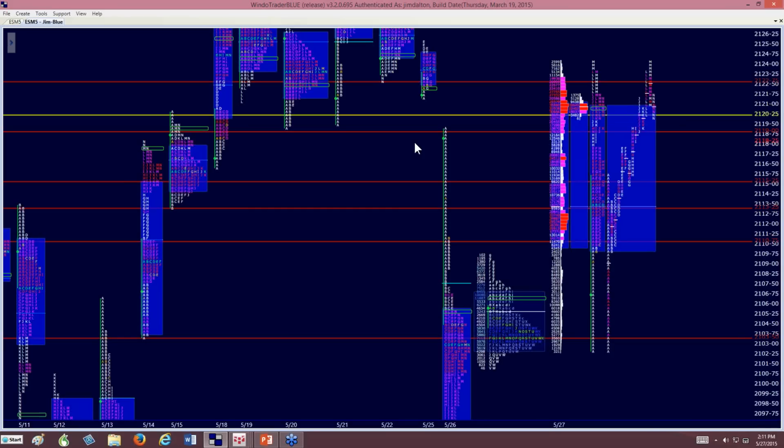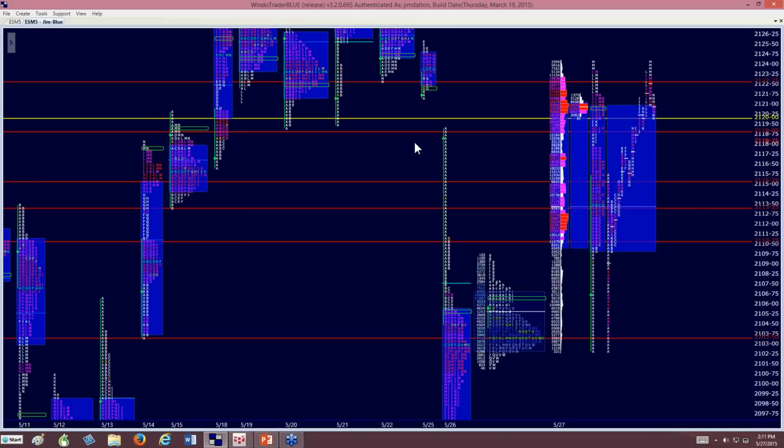Then a minute before, I just reminded everybody there's heavy economic releases coming out at 10 a.m. At 9:34, 4 minutes after the opening, if the overnight low is taken, the next downside reference is 2113.25.